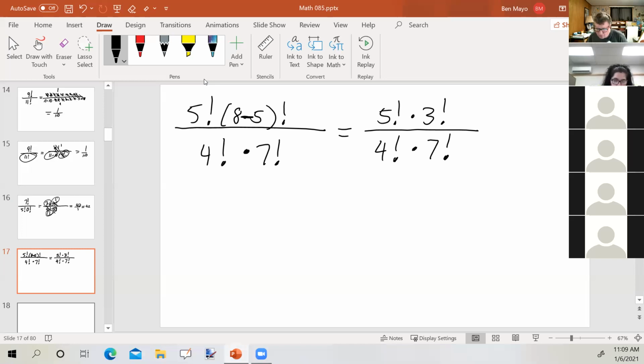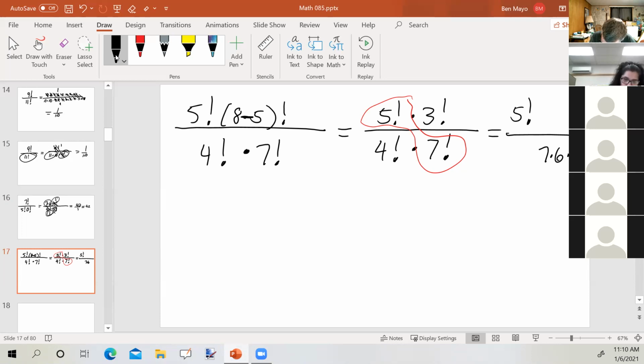So I'm going to try and chip away at things the way I can reduce things the most. Okay, let's see here. If I take these two right there, I could write the top as 5 factorial and the bottom as 7 times 6 times 5 factorial. Okay.